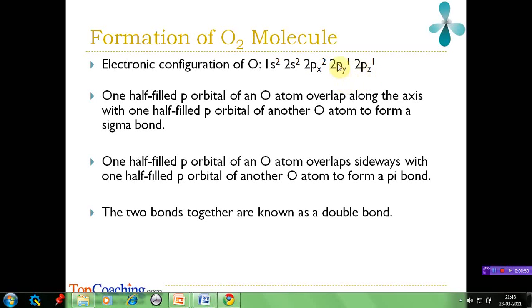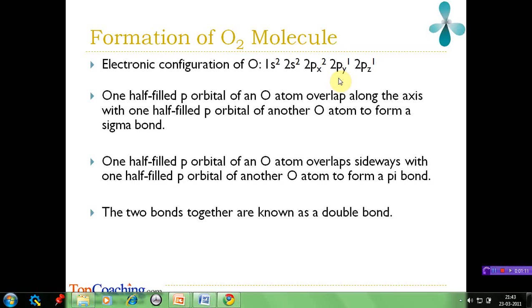Now, out of these two half-filled atomic orbitals, one half-filled p orbital, let us say py, of an oxygen atom will overlap along the axis with another oxygen atom's half-filled p orbital. That can be any of the two.